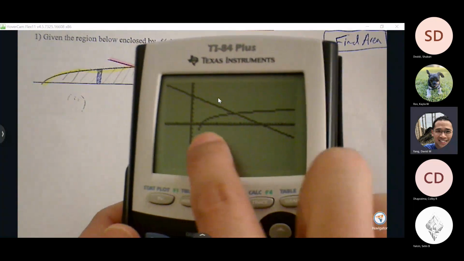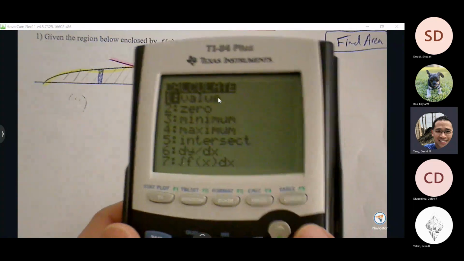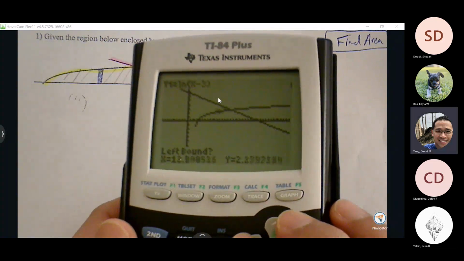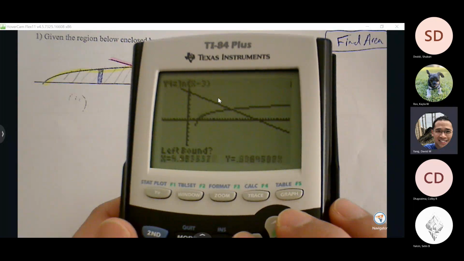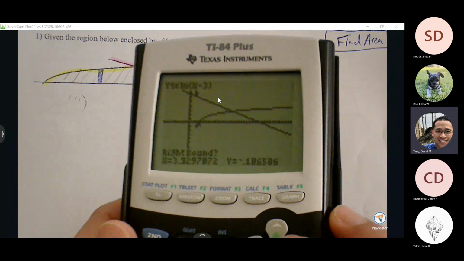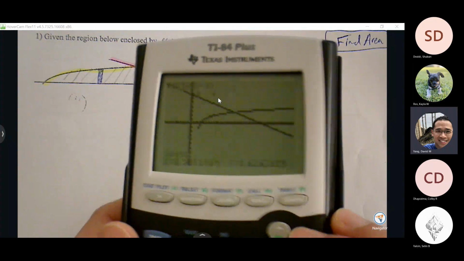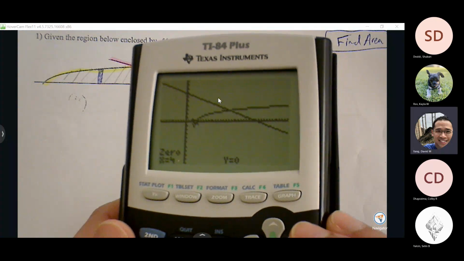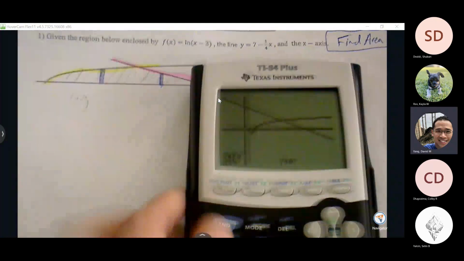All right, so I'm going to find my x-intercept first. So if I do second trace, zero, I'm going to choose a point to the left of the x-intercept, hit enter, choose a point to the right of the x-intercept, hit enter. Okay, so I know that my x value is 4 there.